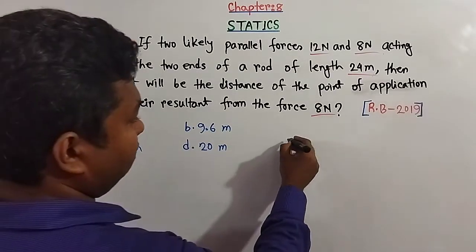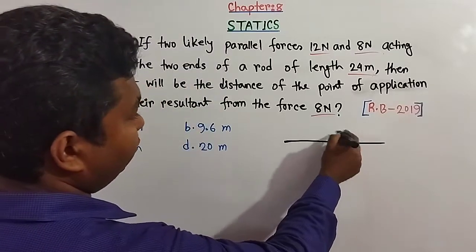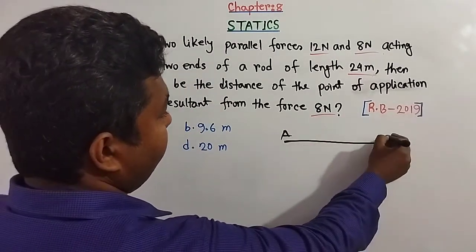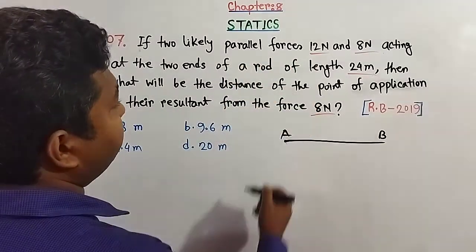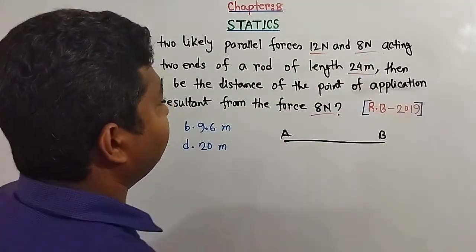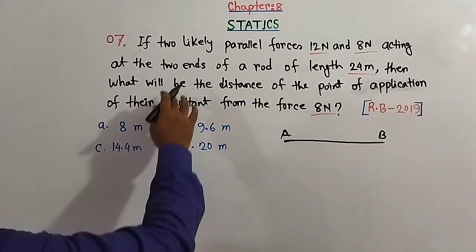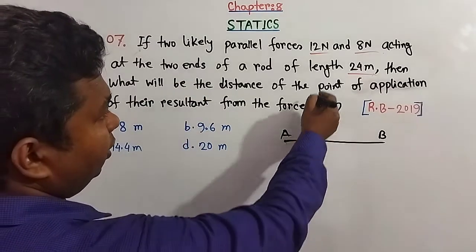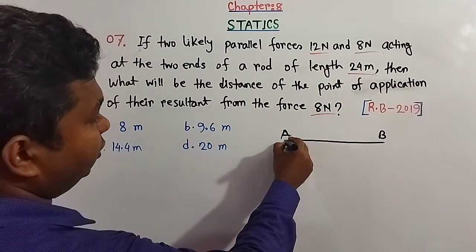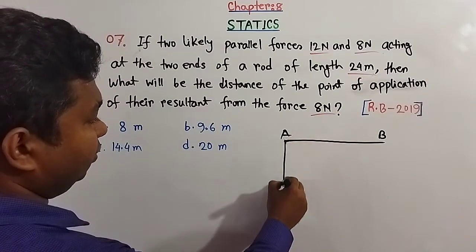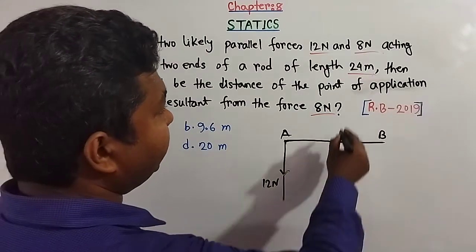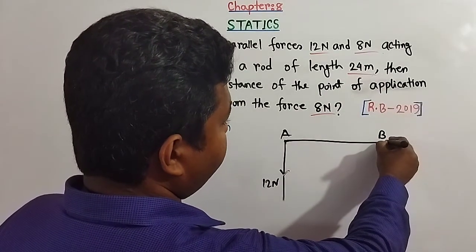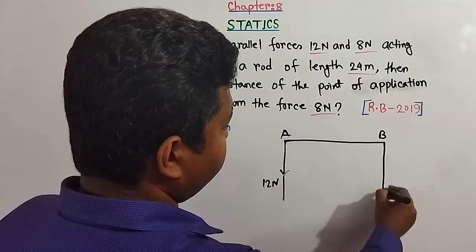Here let a rod of length 24 meter be AB. Two like parallel forces 12 Newton and 8 Newton act at the two ends of the rod. Let the 12 Newton force act at point A and the 8 Newton force act at point B.